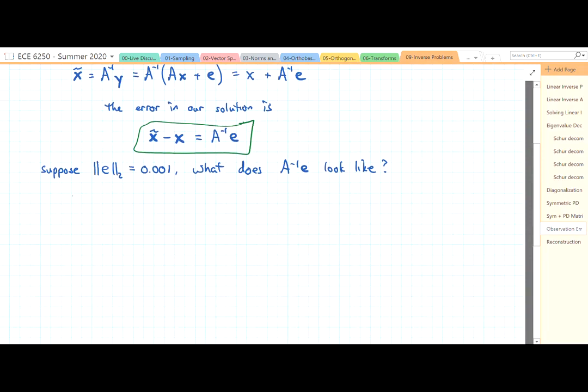So let's start by looking at that. What is the largest eigenvalue of A inverse? That's going to be 1 over lambda n, because according to our convention, lambda n is the smallest of the eigenvalues. So the error E could be amplified by as much as 1 over lambda n.